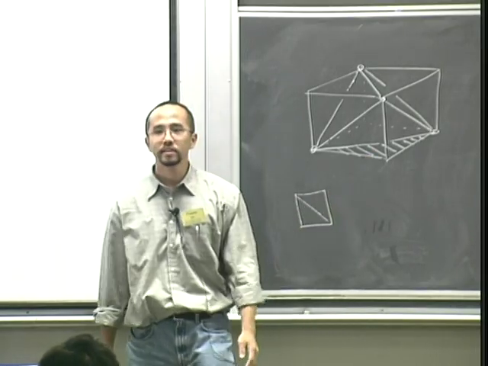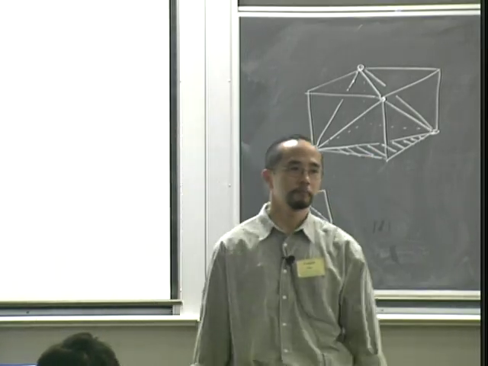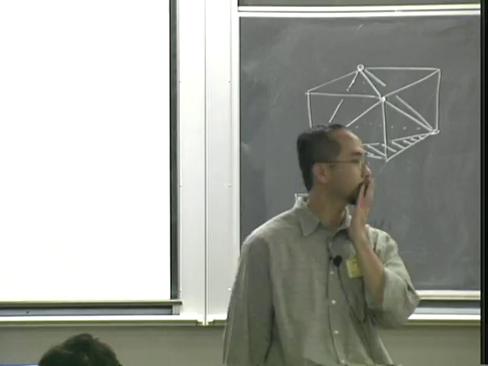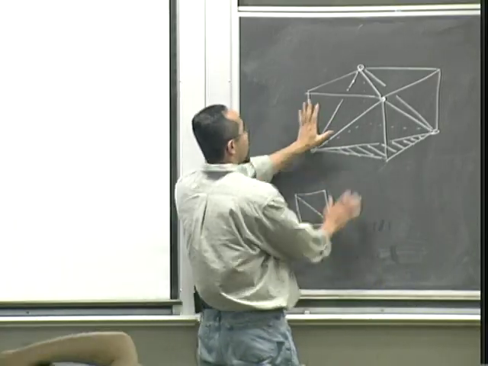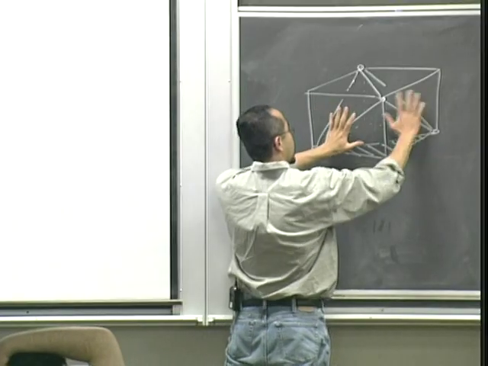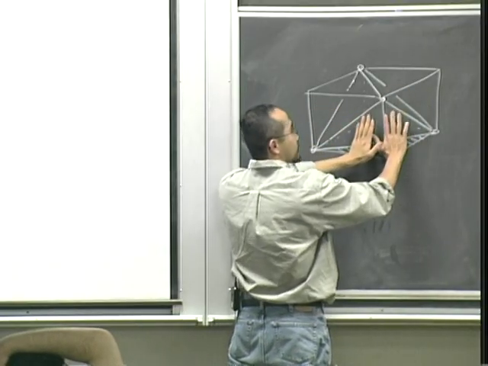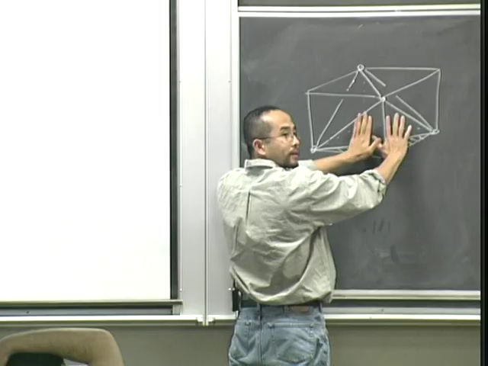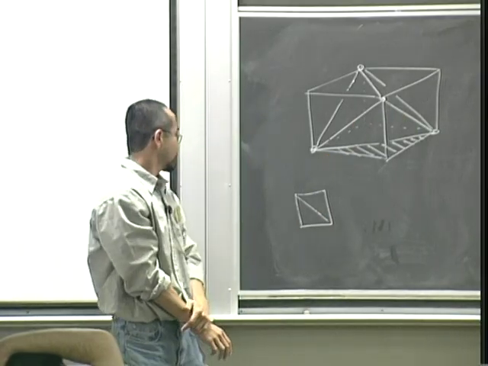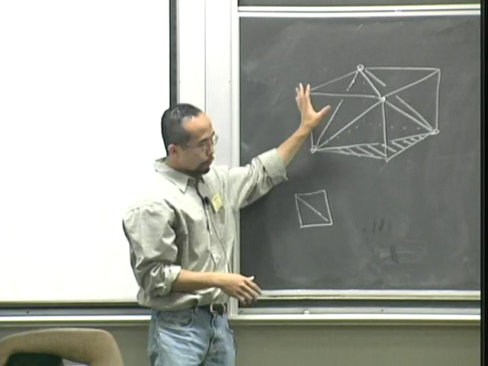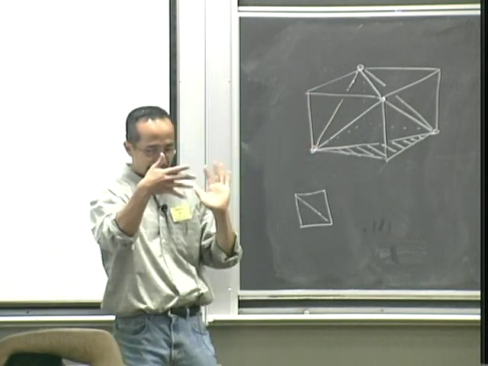How many volume 1 simplices must it have? Well, let's see. The volume 1 simplices that cover this face might actually come from the same simplex, right? Can you name me 4 simplices whose simplices can't be the same?